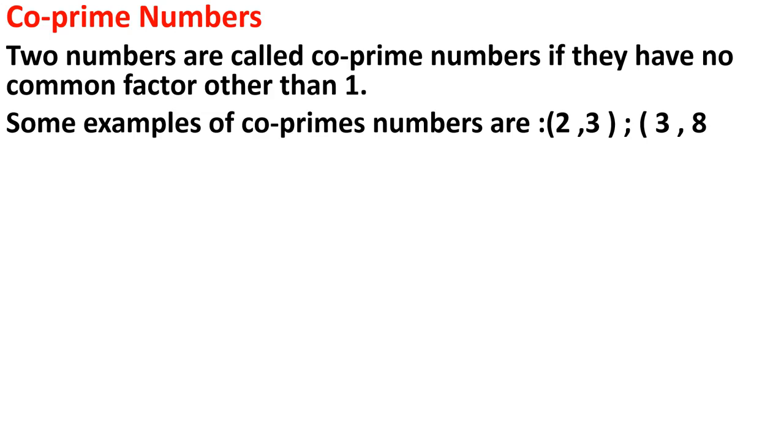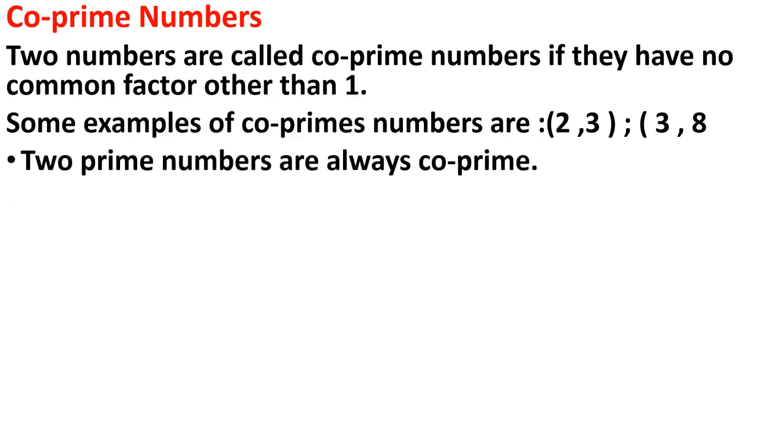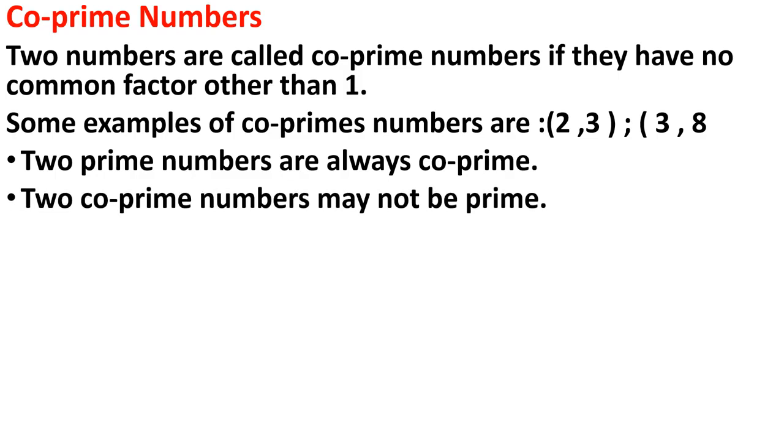Every two prime numbers are co-prime, but two co-prime numbers may not always be prime. They can be composite also.